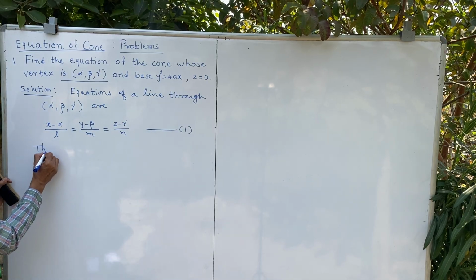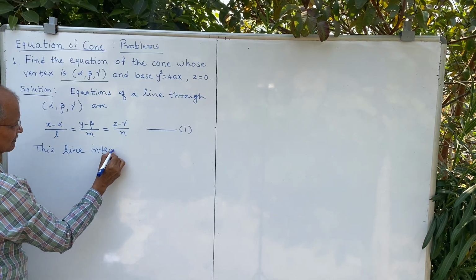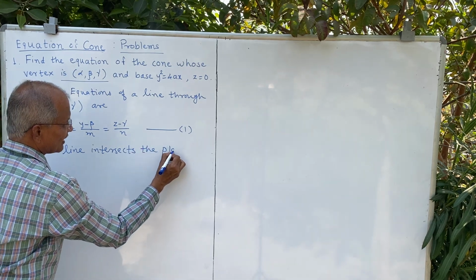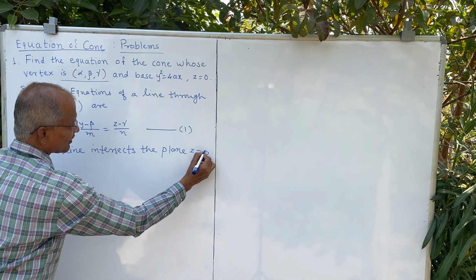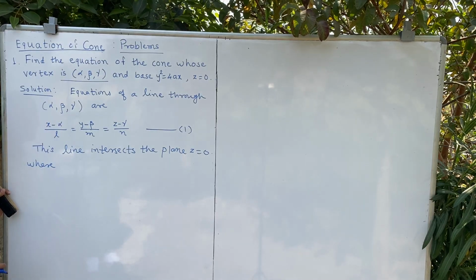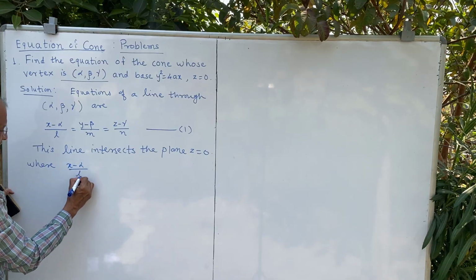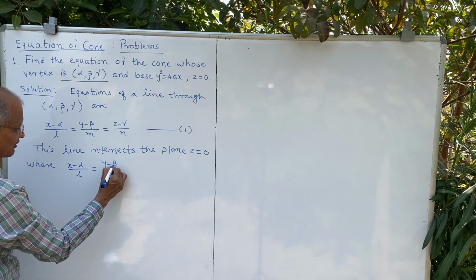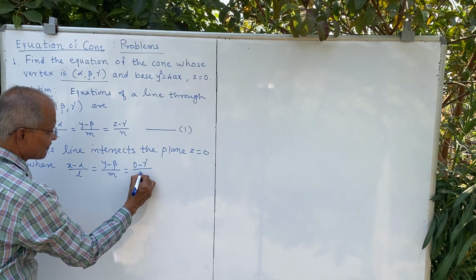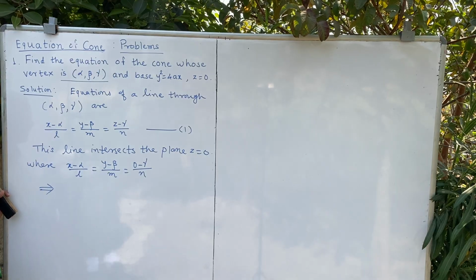So this line intersects the plane z is equal to 0, where we shall put z is equal to 0 in the equations of the line, and this will give (x minus alpha) divided by L, (y minus beta) divided by M, and (0 minus gamma) divided by N.